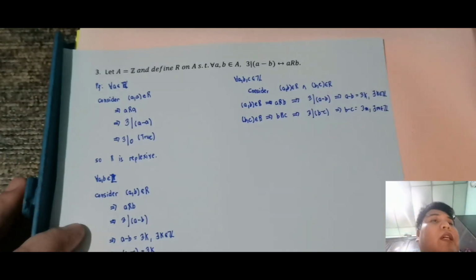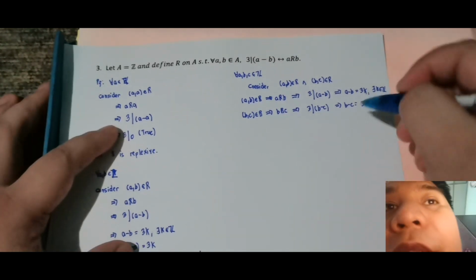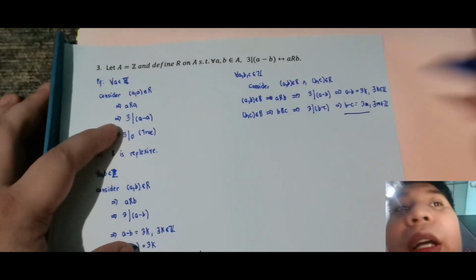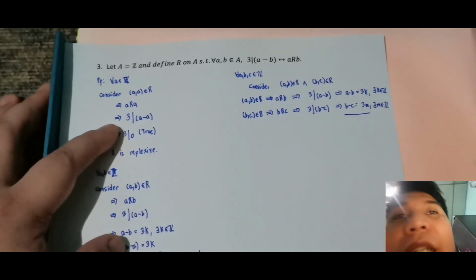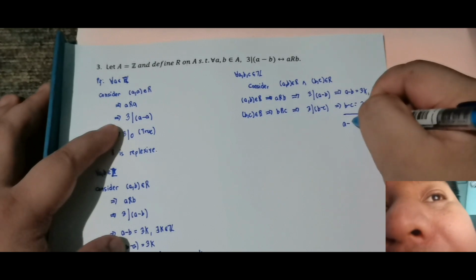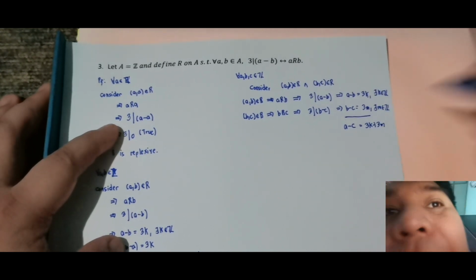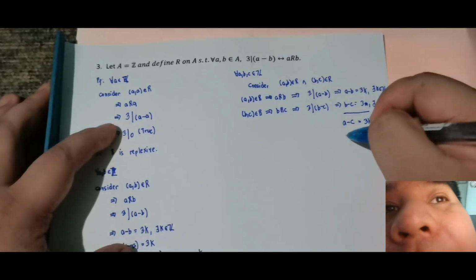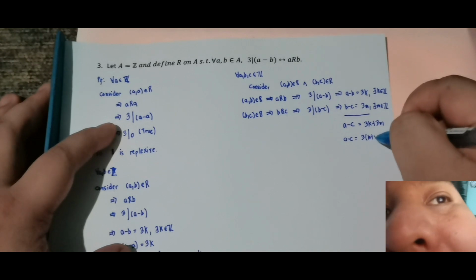Okay, so ang goal natin, makuha natin si A, C. Pag pinag-add ko yan, ano mapapansin? A minus B plus B minus C is simply A minus C, which is equal sa 3K plus 3M. Tama? Which implies that A minus C is equal to 3 times K plus M.